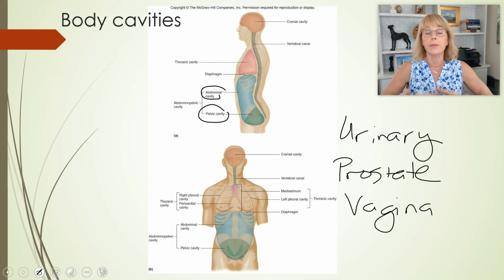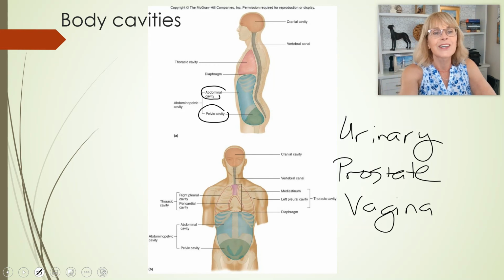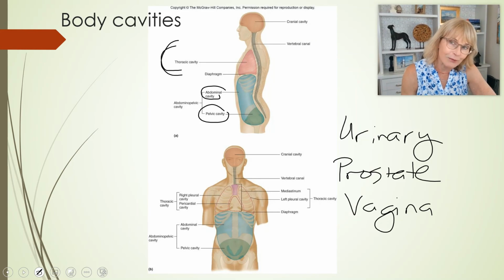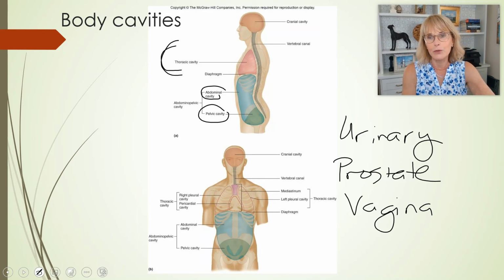Now, let's go back up into what you might call your chest cavity, but not anymore, because in anatomy, you only get credit for the right answer if you've used the anatomical term. And the anatomical term is the thoracic cavity. The thoracic cavity is divided up into smaller compartments.